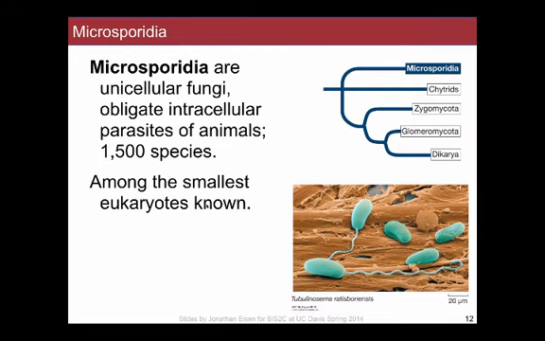And for many years, they were classified as protists. In fact, some phylogenetic studies suggested they were among the earliest branching off eukaryotes, and that was of interest because they don't have what looks like, at least in microscopy, a traditional mitochondria.